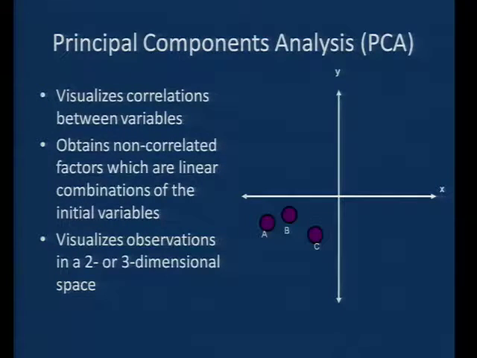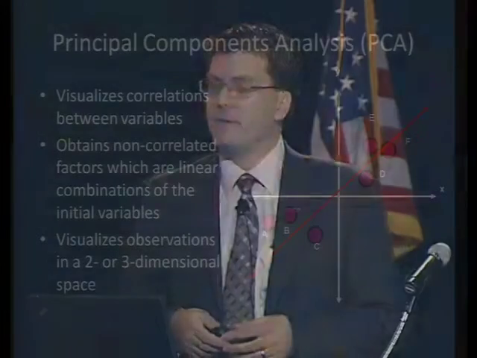So in this case, if you've got a set of 6 samples in 2 dimensions, this is a very simple example. But if you have that, you can say, all right, looks like there's a correlation here between the X variable and the Y variable. As X goes up, Y goes up for these samples. So if you do a PCA on this kind of data, what you would see is that the principal component would be drawn along an axis that explains this variation. So you'd have a principal component right there.